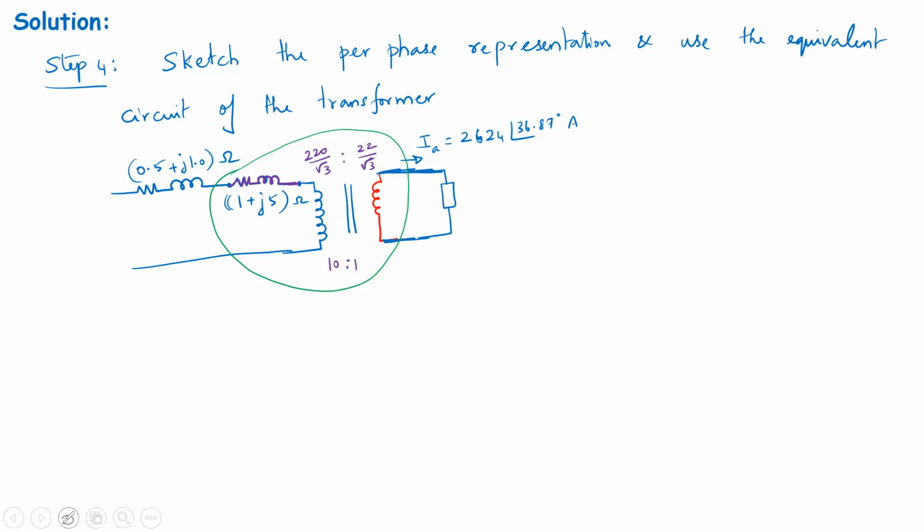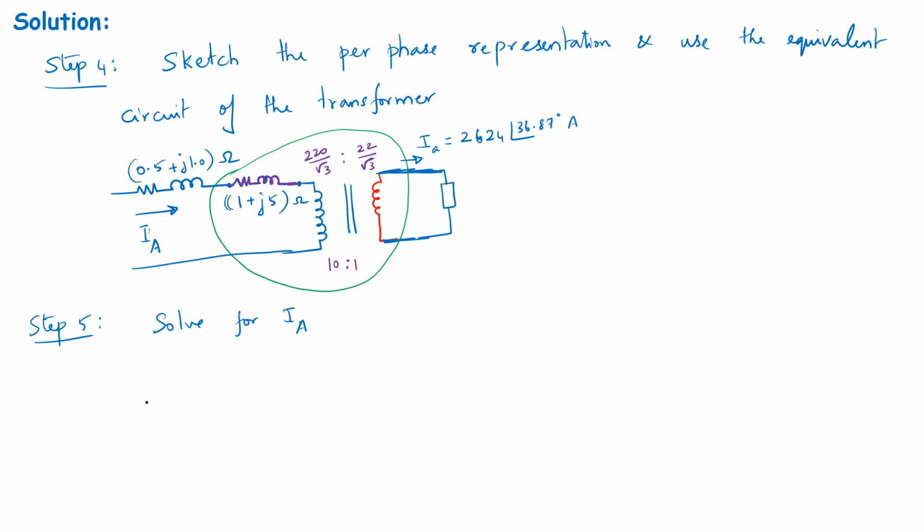So step 5, in step 5, let me call this current IHV or I capital A, because this is the HV side. In step 5, solve for IA first.